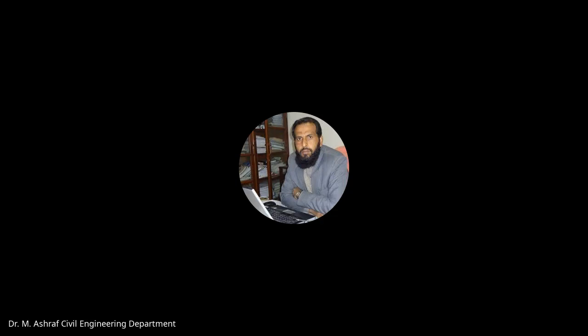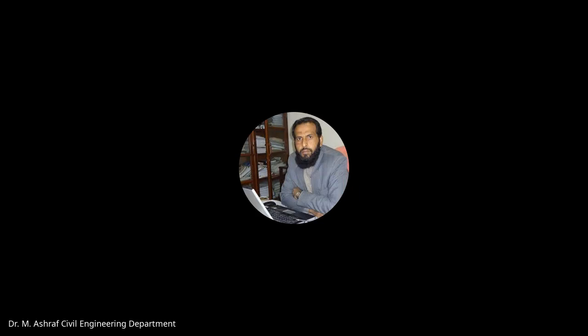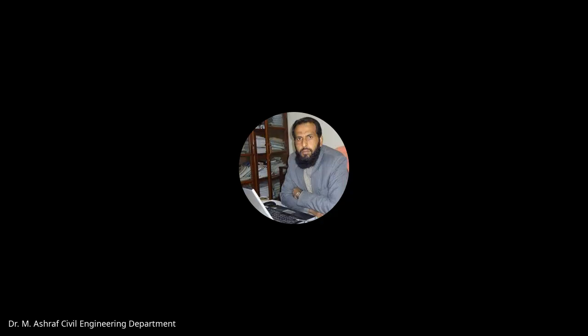So 30 is the normal to the plane at 30 degrees, x prime, and then this 120 is basically the y prime plane, or you can consider it as plus 120 degrees and do the calculation. Since we are doing it using the Mohr circle, this is immaterial; we will automatically get the y prime plane. Show your answer on the sketch of the differential element, so you will have to draw a sketch of the differential element.